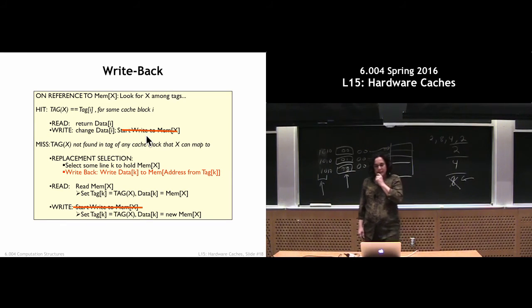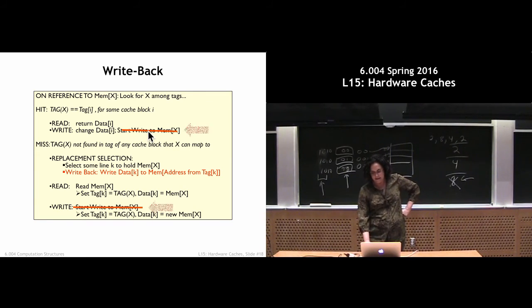Okay, so in a little bit more detail, what does that look like? Well, this was the algorithm we saw at the beginning of lecture, which told us how we do both reads and writes in the case of a hit or a miss, okay? So what's going to change is that before, we said that on a write, in addition to writing your data to your cache, you would also initiate a write to your main memory.